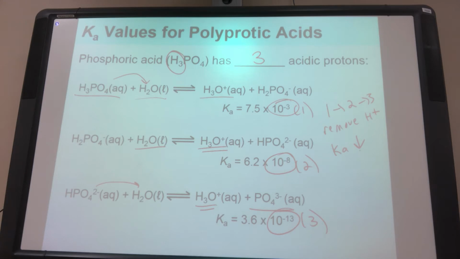And if the Ka gets smaller, that's because it's really hard to remove my H plus. So like I said, as I'm going from first to second to third, it's harder to remove the H plus. That's why my K gets a lot smaller. Because the bigger the K, the stronger the acid, the more it wants to give up the H plus. Okay?